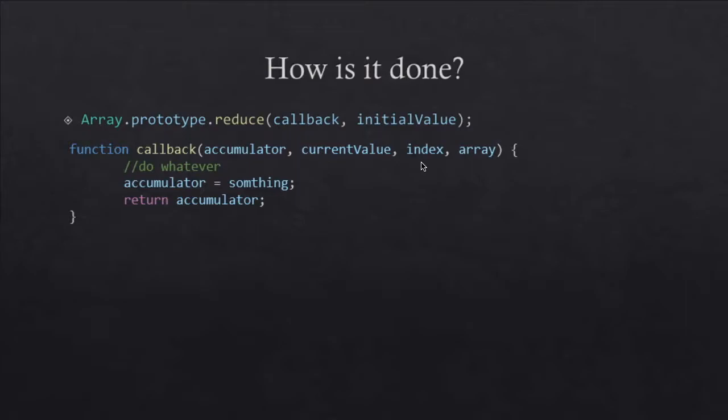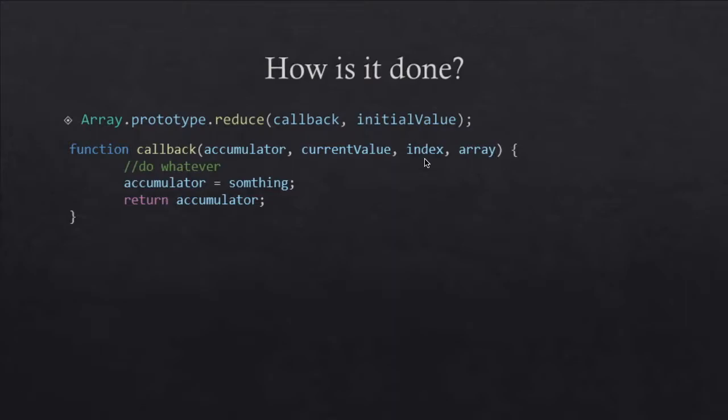For the index, the first iteration will be different once again, depending on whether you pass initial value. If you do, then the first index value will be 0. If not, as the accumulator is set to the first value of the array, then there's no point running the first iteration.